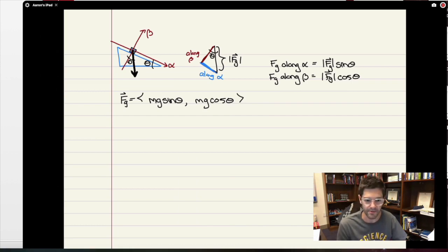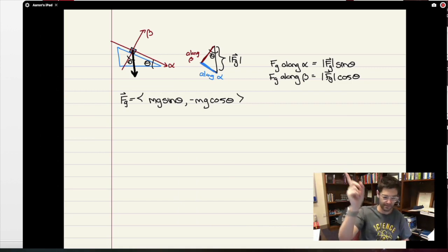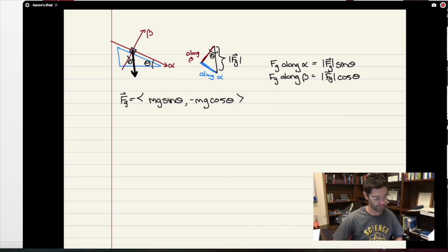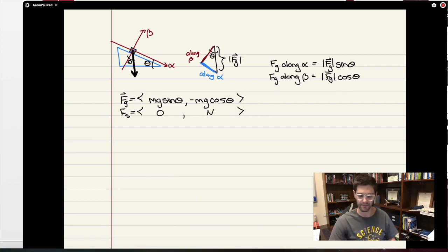But since into the ramp is the negative direction, there's a negative sign here. Because I define the positive direction as the direction going off the ramp, not into the ramp. And then I'll recopy the surface. What did we say? We said this was 0, comma, positive n for the surface of the ramp.